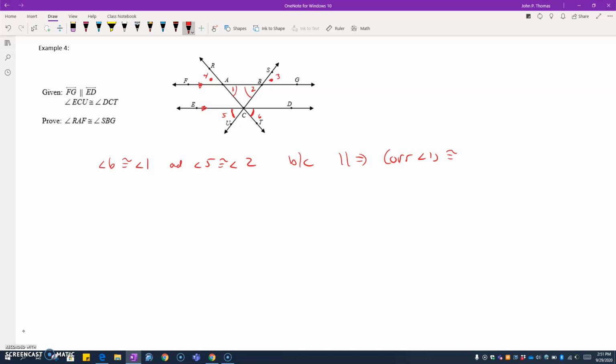So from this, 5 and 6 are congruent. Since angle 5 is congruent to angle 6, and that was from our given, we can say angle 1 is congruent to angle 2.